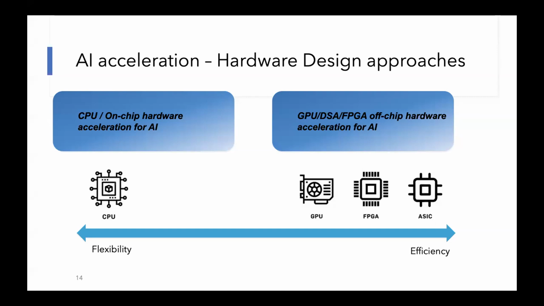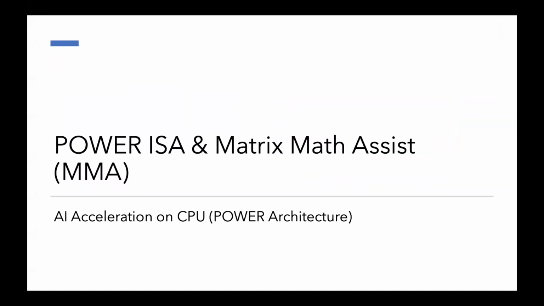So today, from the power side, we are getting into the topic of Power ISA and matrix, what we are going to talk about. And this is primarily going to cover the AI acceleration on CPU. A lot of efforts are happening. You might have heard about NVIDIA, you might have heard about a lot of startups coming in the AI space, like Habana, Groq, Graphcore, and a lot of names. They are doing AI acceleration chips.